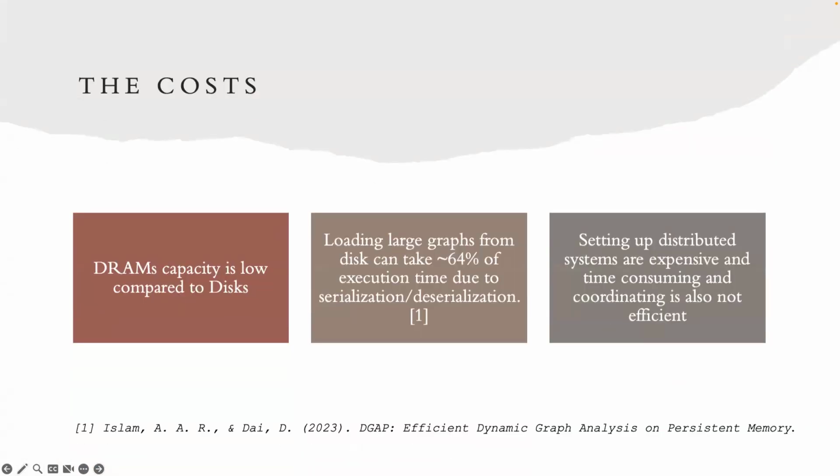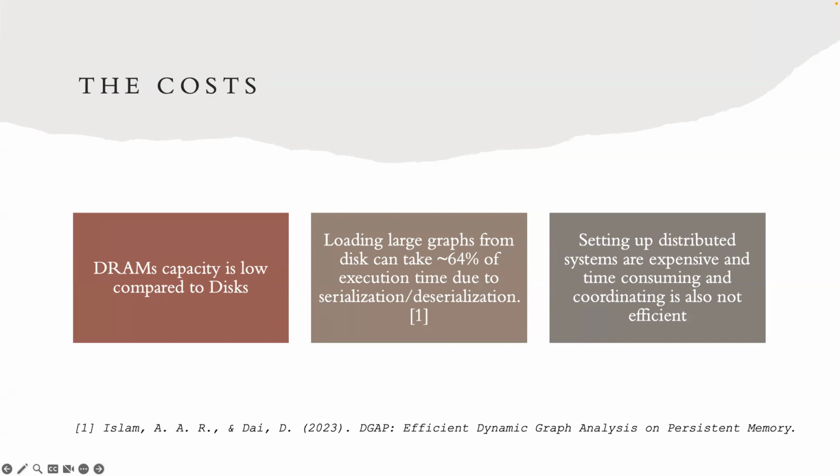So these pros and cons have some costs. Here are some costs we have mentioned. The DRAM is smaller, so we can't fit large graphs. That's the cost we have to pay if we go with the DRAM.